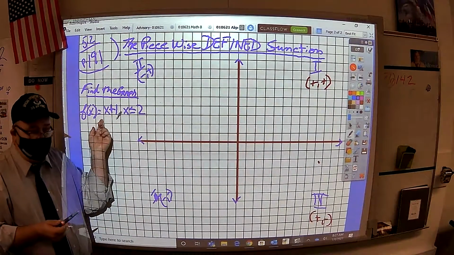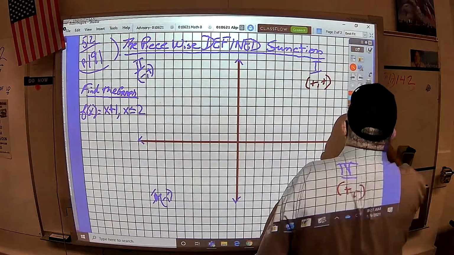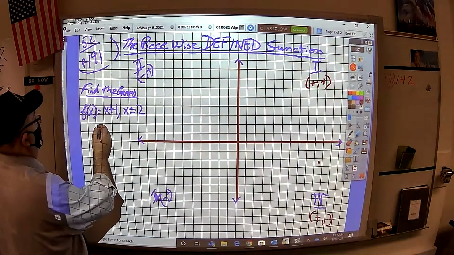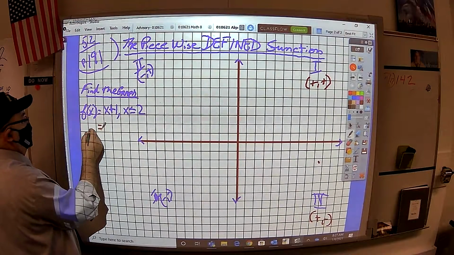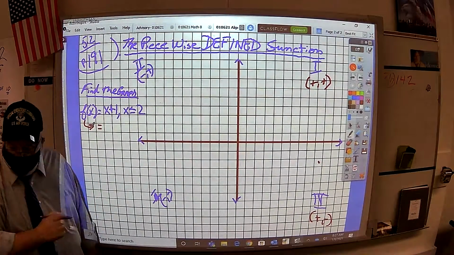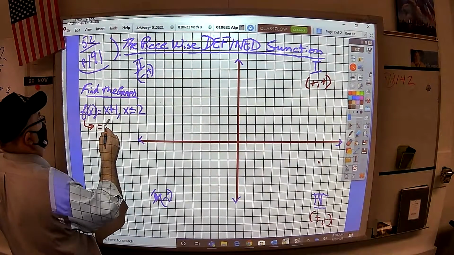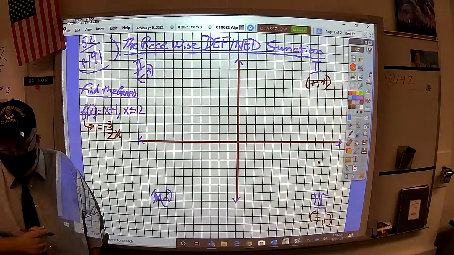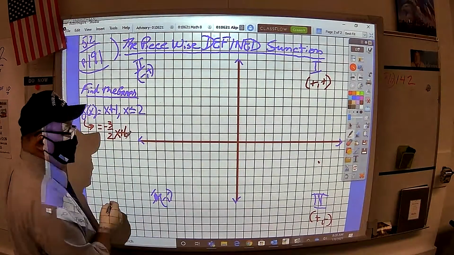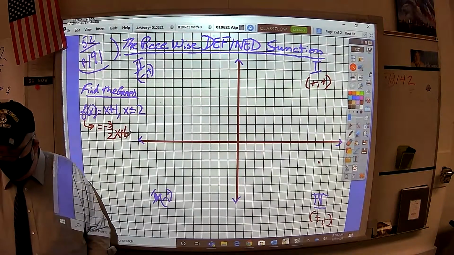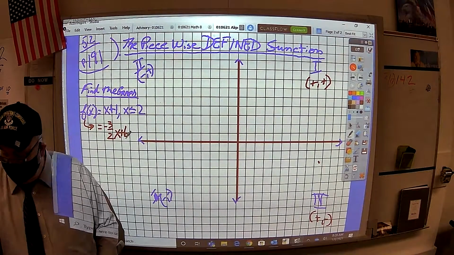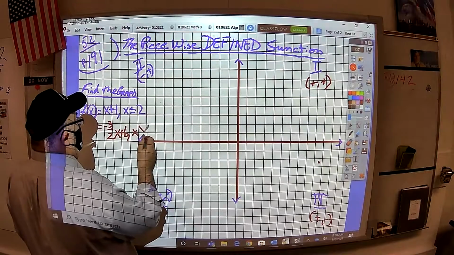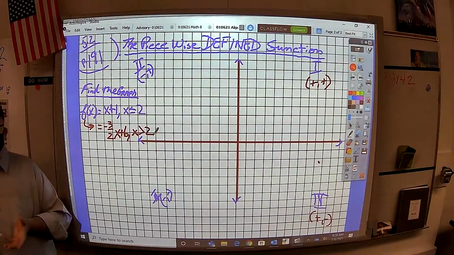Then after we've discovered this, we're going to discover a different f(x), which is still going to be equal to negative 3/2 x plus 6, and that's going to be when x is greater than 2. Wow, doesn't that look like it's going to turn out to be a mess? It's really not that difficult.